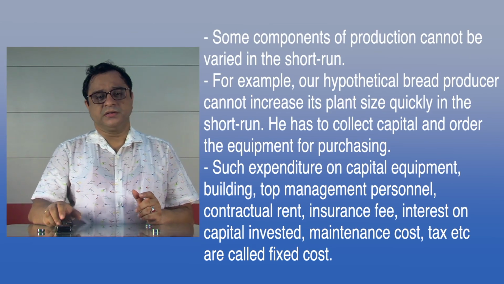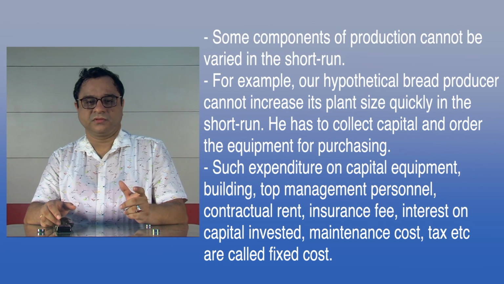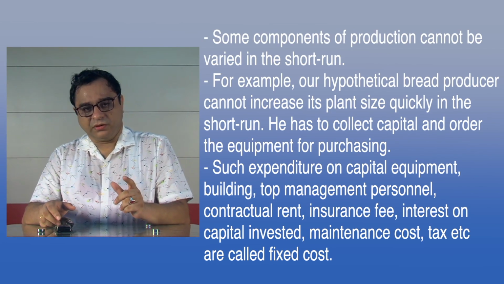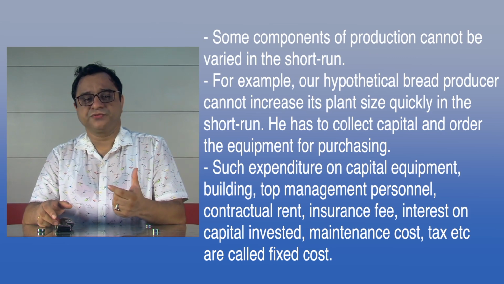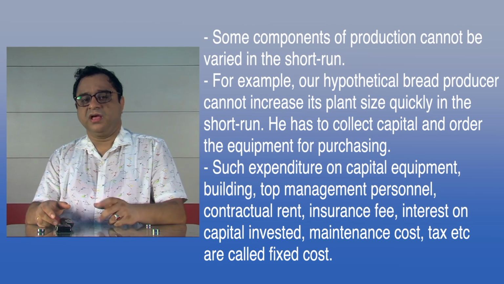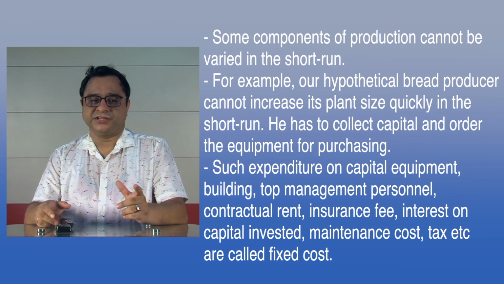On the other hand, some components of production cannot be varied in the short run. For example, our hypothetical bread producer cannot increase its plant size quickly in the short run. He has to collect capital and order the equipment for purchasing.